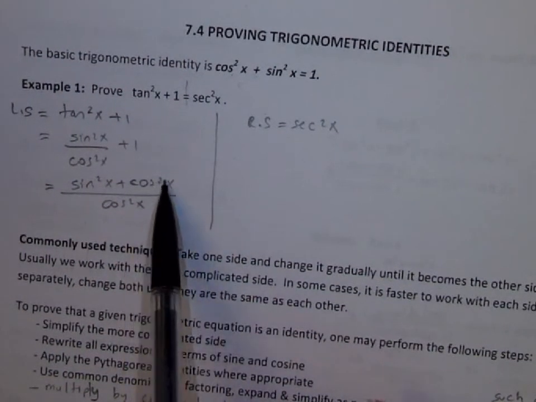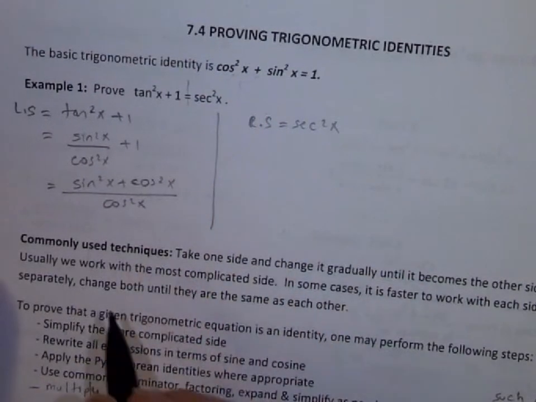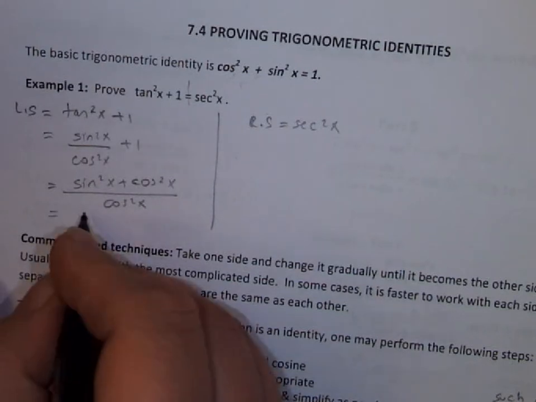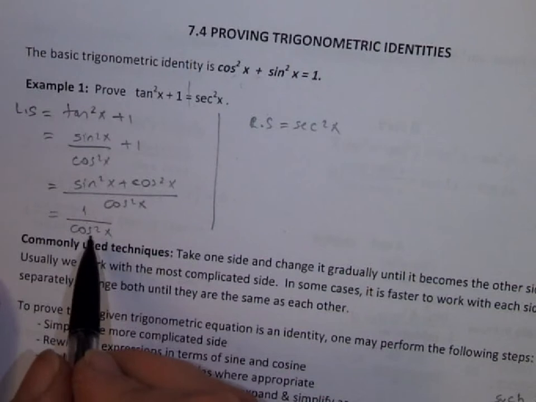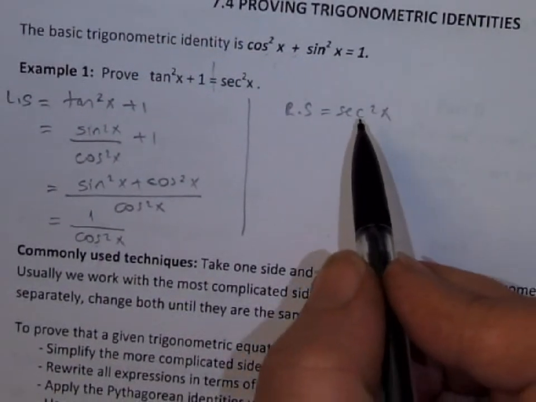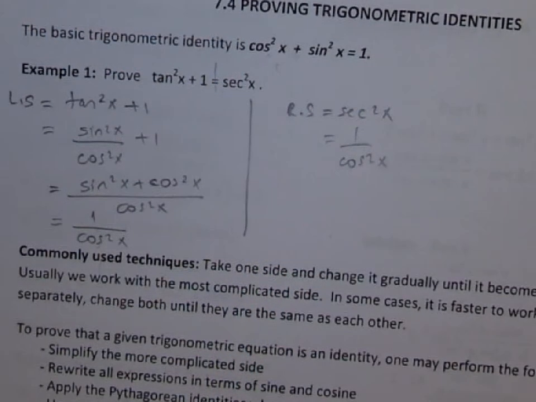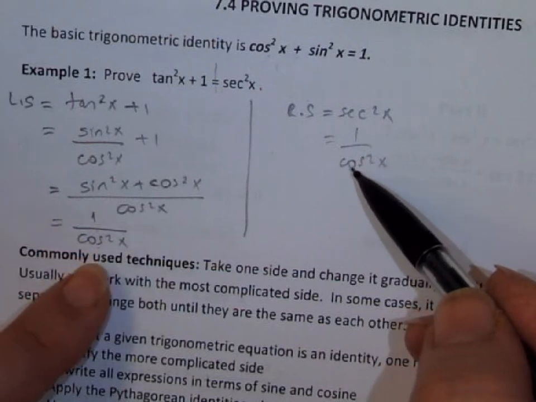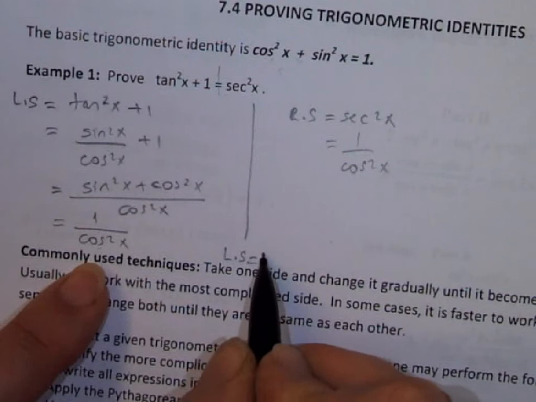Now we can use this Pythagorean identity, cos squared x plus sine squared x is 1. So 1 over cos squared x, and this is equal to secant squared x. Or you can work with the right side and then say this is 1 over cos squared x. Now we have the same thing on the left and on the right. Then conclude your proof saying that left side equals right side.